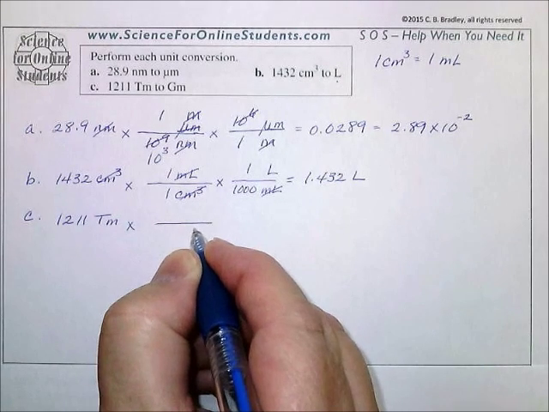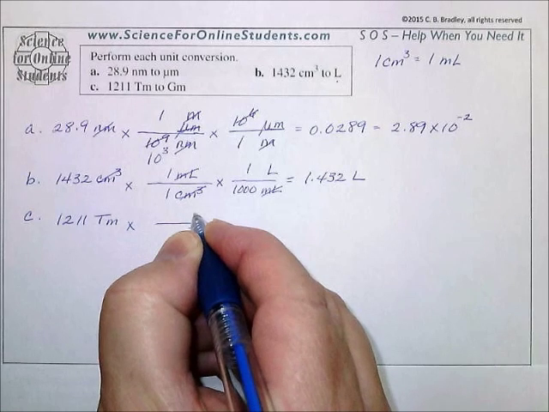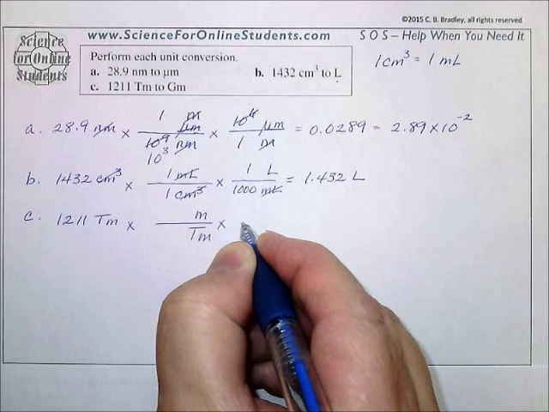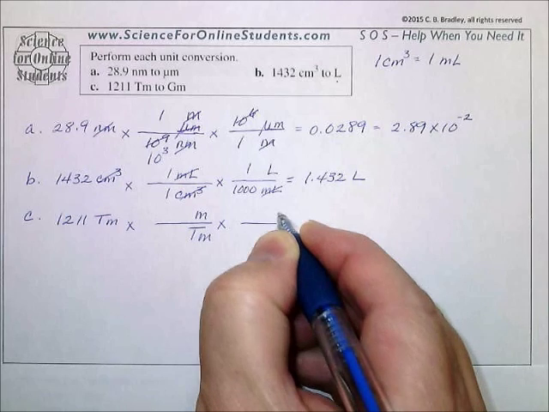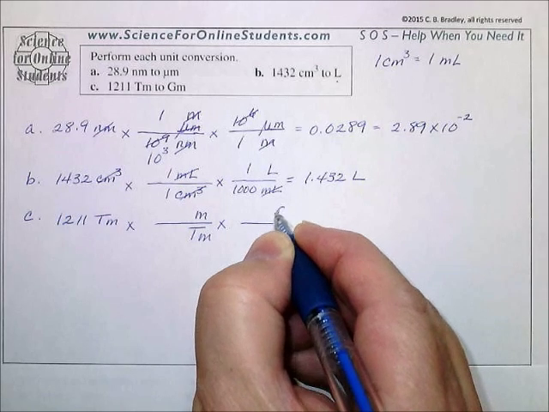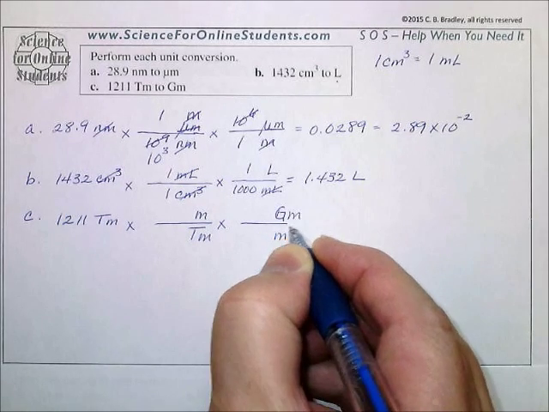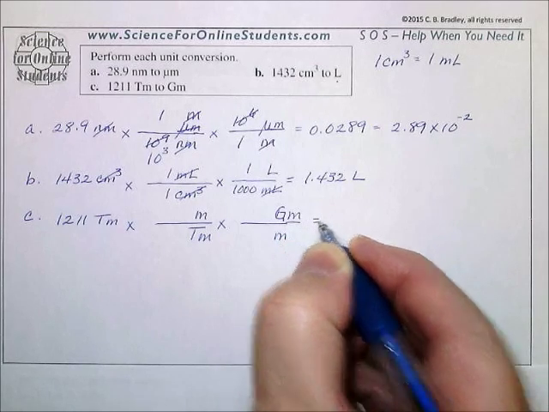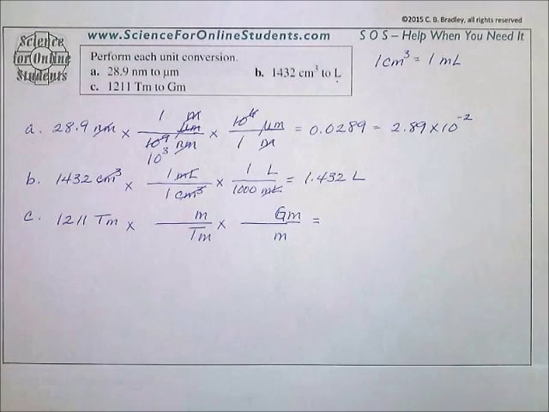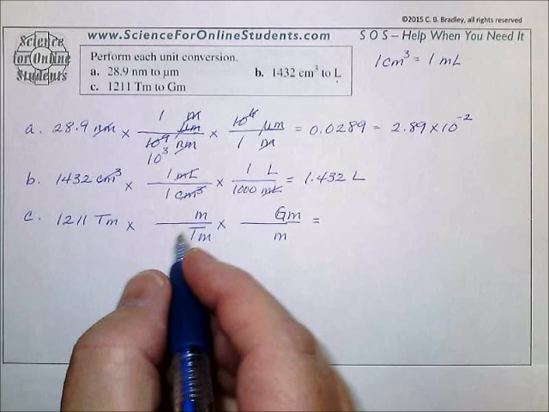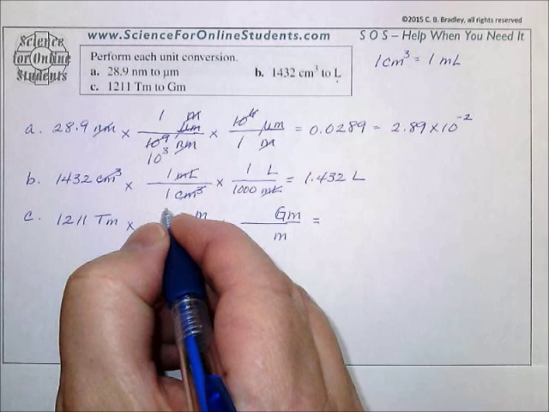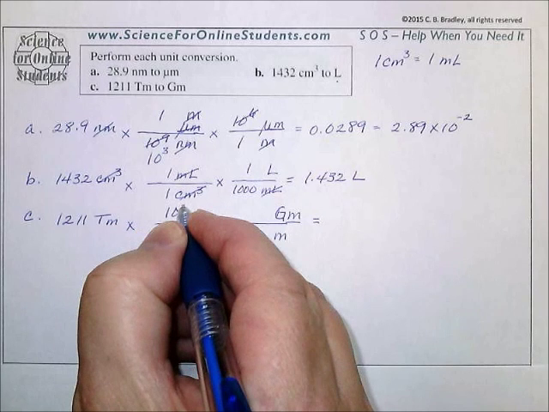So, terameters, and we're going here to gigameters. Now, tera is 10 to the 12th, so 10 to the 12th meters is 1 terameter.